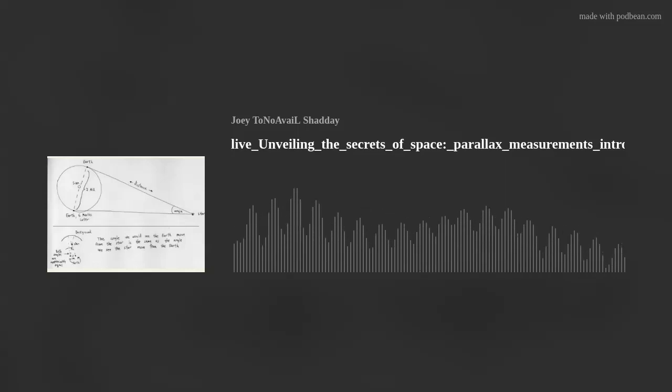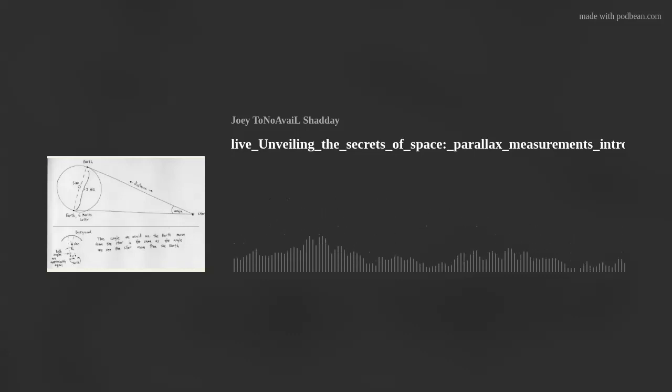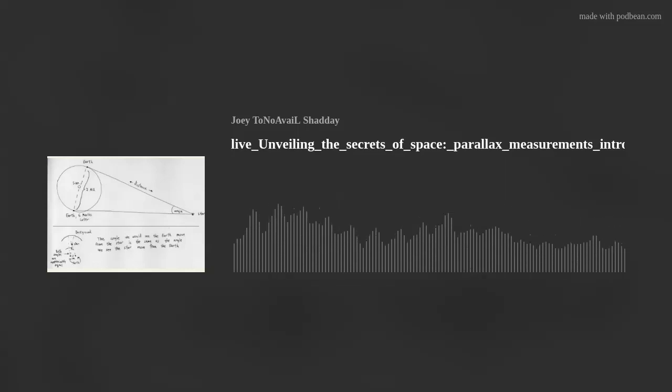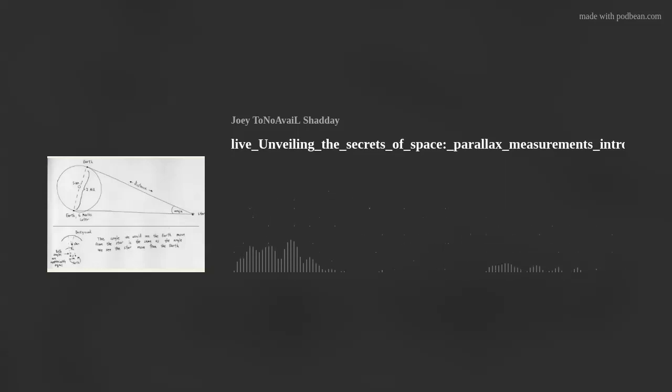So we were talking earlier about parallax measurements. The parallax angle, how astronomers use angular measurements to compute distances in space, is really cool. And it's all from a basic example.